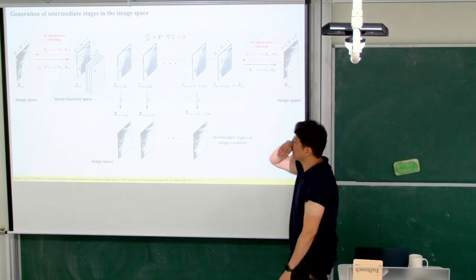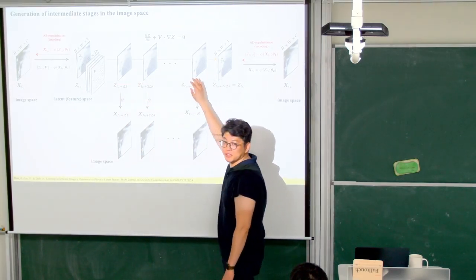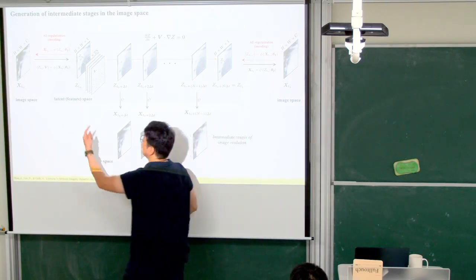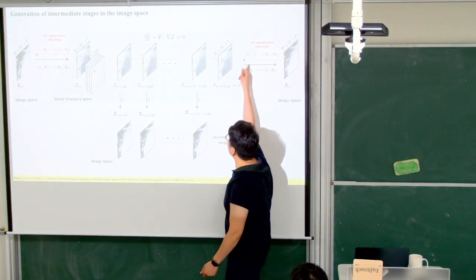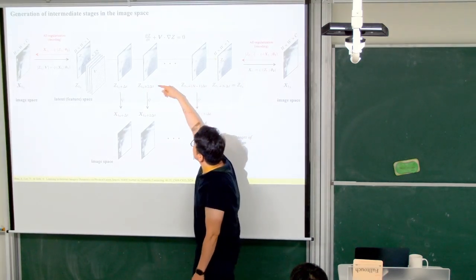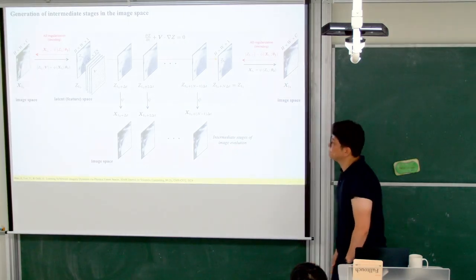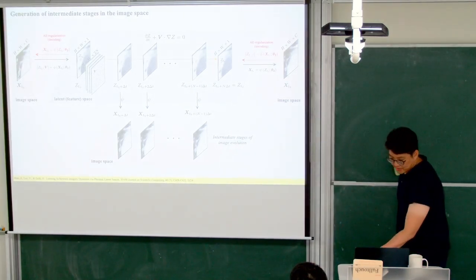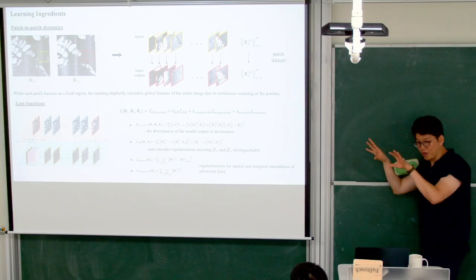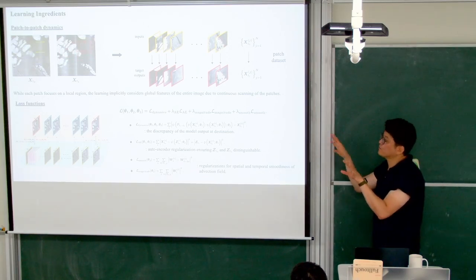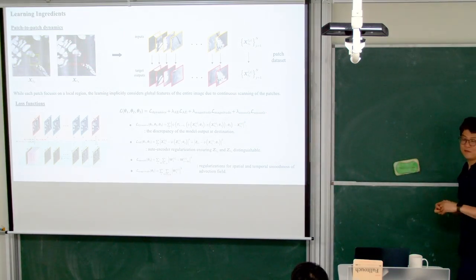Because we have evolution in the latent spaces, and we learn the encoding and decoding, using the decoding we find the corresponding evolution in image spaces. As you see, we have only two images, but in such satellite images the size is huge, fortunately.